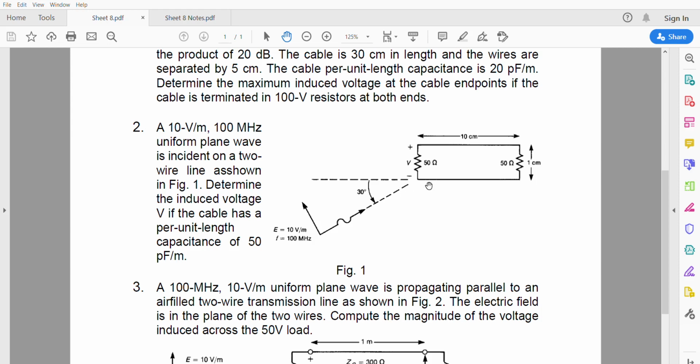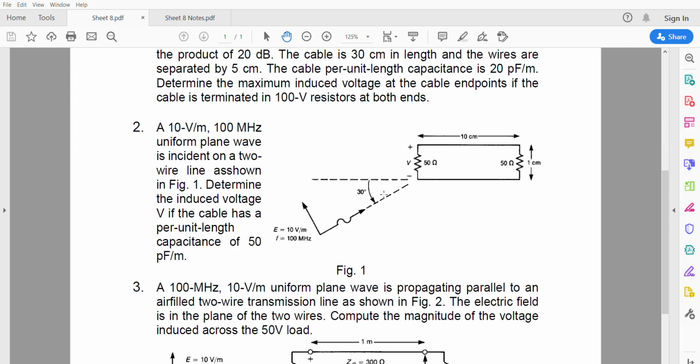So what is required is to get the value of the induced voltage if the cable has a per unit length capacitance of 50 picofarad per meter. So you need to determine the value of this induced voltage after applying an electromagnetic field of 10 volt per meter.